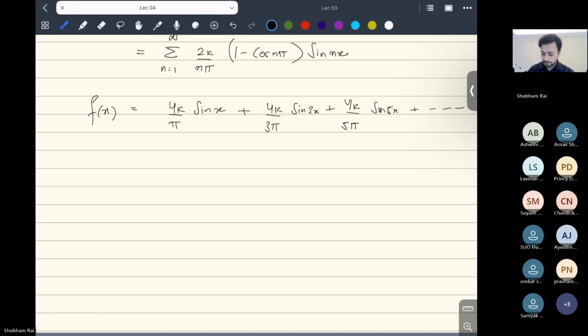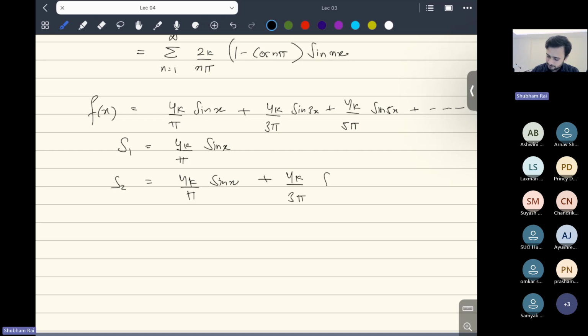So finally, there is something known as partial sums. The first partial sum is this. If we take only one term, it is known as the first partial sum. If we take two terms, then we have two partial sums: 4k by pi sine x plus 4k by 3 pi sine 3x. So this is known as the second partial sum, and then we have the third partial sum: 4k by pi sine x plus 4k by 3 pi sine 3x plus.